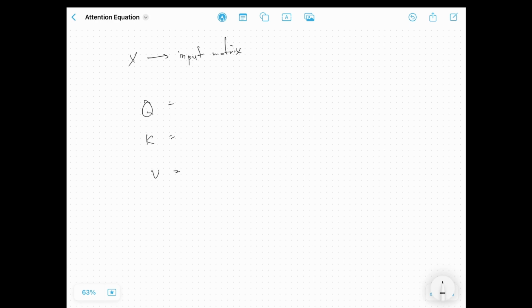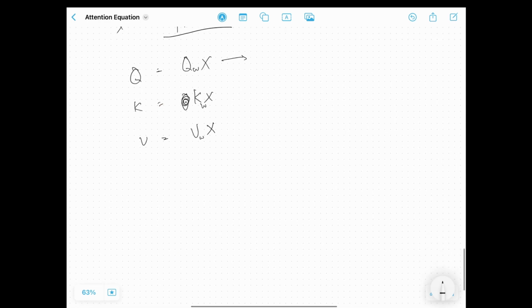So we can use matrix multiplication: the query weights multiplied with X, key weights with X, and value weights with X. So this would be our linear operation.